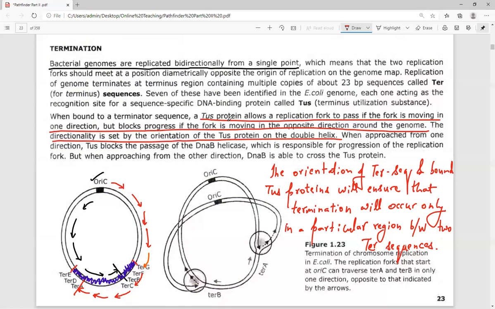When approached from one direction, TUS blocks the passage of the DnaB helicase, which is responsible for the progression of replication. But when approached from the other direction, DnaB is able to cross the TUS protein effectively, so that the termination takes place only at a particular site.